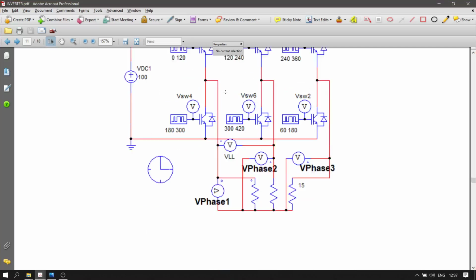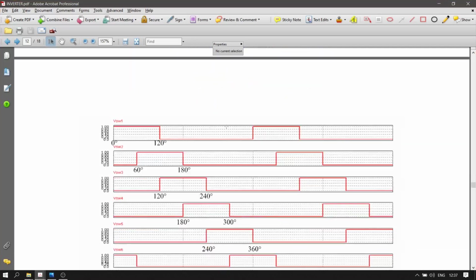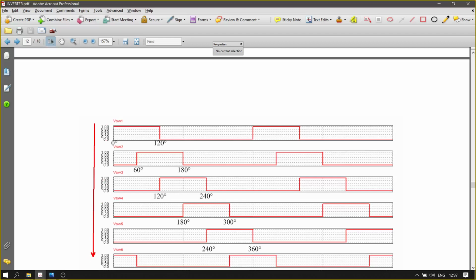And then it is connected to the load, and you give a 120-degree pulse to each switch, remember? And now you have a sequence. You have to follow the sequence of arrangement. So you have S1 here, S2, S3, S4, S5, and S6.